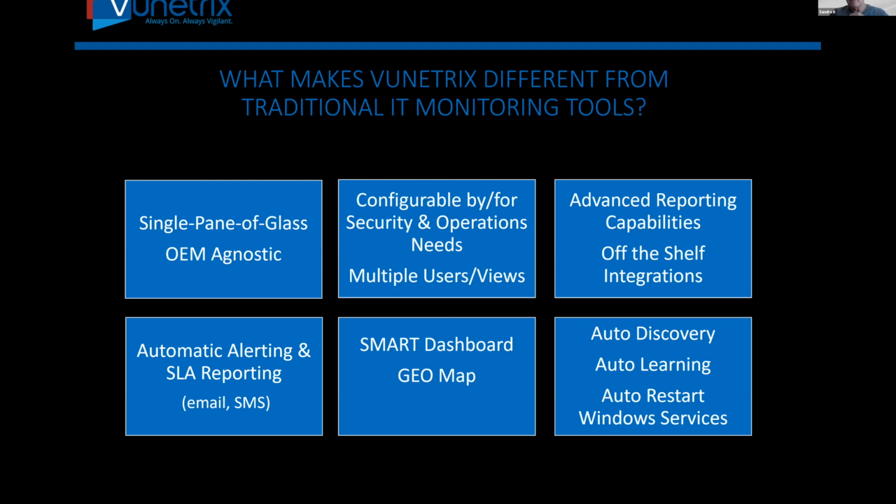So this I really like because one, we can auto-discover the devices that are out there on the network that we can monitor. So it's very easy to pick up new devices. And then we can auto-learn on unusual state. So you have the ability to configure this to set thresholds for upper and lower limits of different things you might be tracking. But you can also have it just monitor on an unusual state.